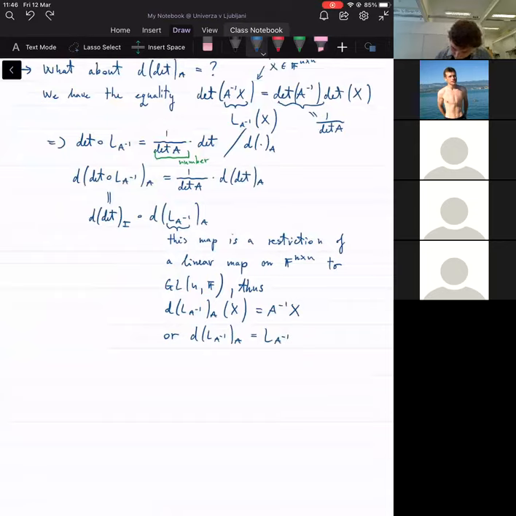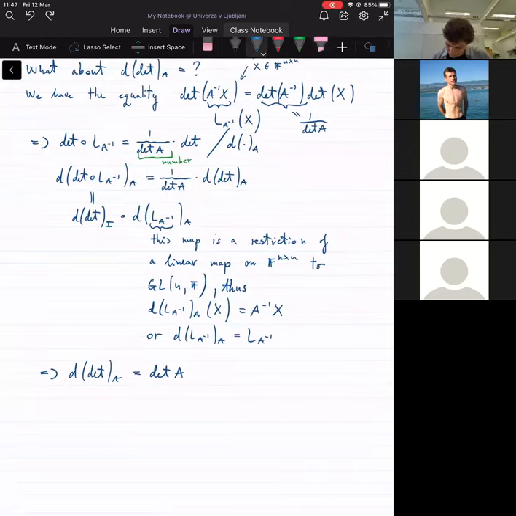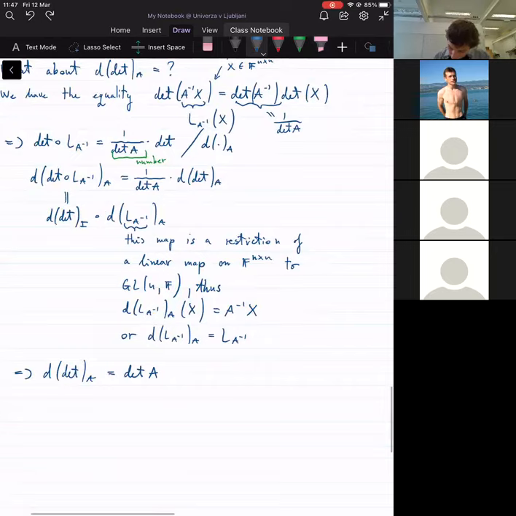Okay, so finally, what we get is d of det at A is equal to det A times trace.